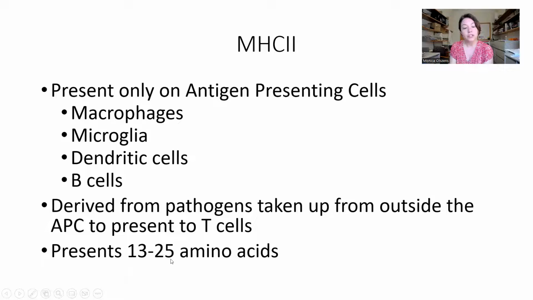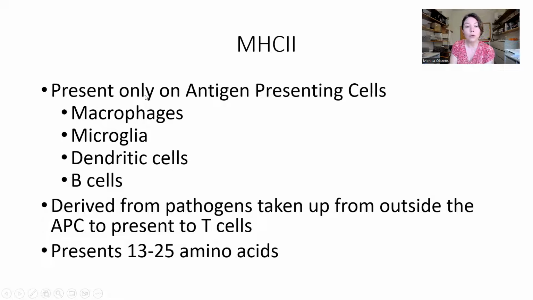There's only 13 to 25 amino acids, which means every once in a while, whatever little combo is here is present in something other than the virus. So you can accidentally get an immune response to something outside of just the pathogen, because this pattern happens to, by horrible, horrible chance, match something else.